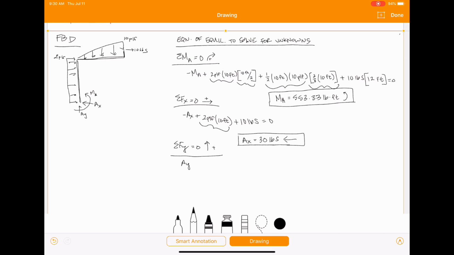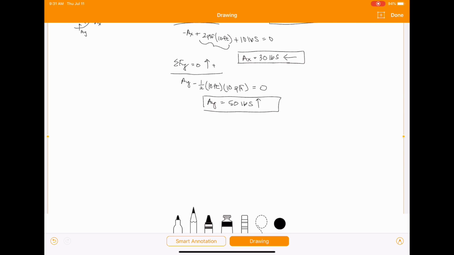So we've got AY, and then we're going to have our triangular distributed load, which is going to be a negative 1/2 base, which is 10 feet, times height, which is 10 PLF. And that's the only force acting in the Y direction. So that's the rest of our equation. That equals 0. So we know that AY equals 50 pounds. And that's positive, so we assumed our direction correct in our free body diagram. So that's going to go up. And that's how you solve that frame.